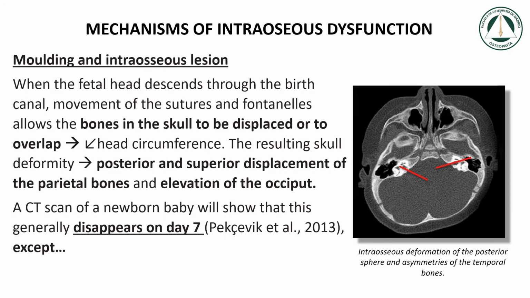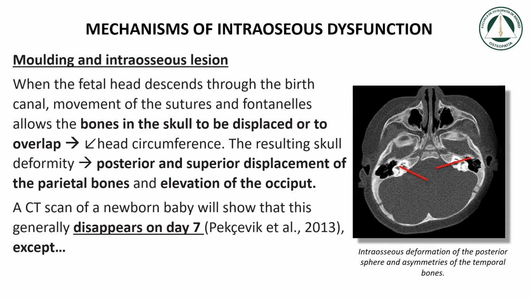Mechanisms of intraosseous dysfunction. Molding and intraosseous lesion. When the fetal head descends through the birth canal, movement of the sutures and fontanelles allows them to be displaced or to overlap, to reduce the head circumference.